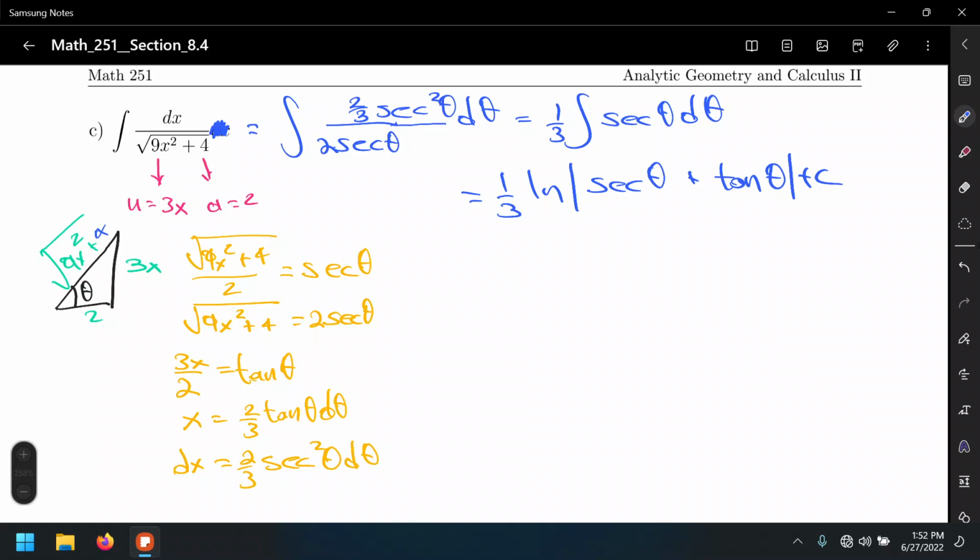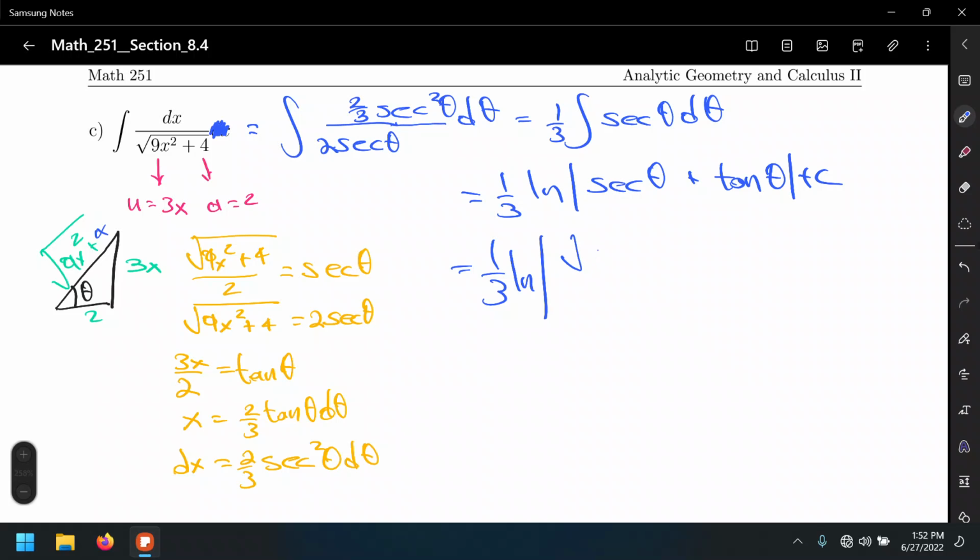Let's go back and rewrite this in terms of x's, the original variable. How? Well, observing the right triangle and getting the corresponding quantities, in accordance with SOHCAHTOA. Okay, secant. What's SOHCAHTOA for secant? Hypotenuse over adjacent.